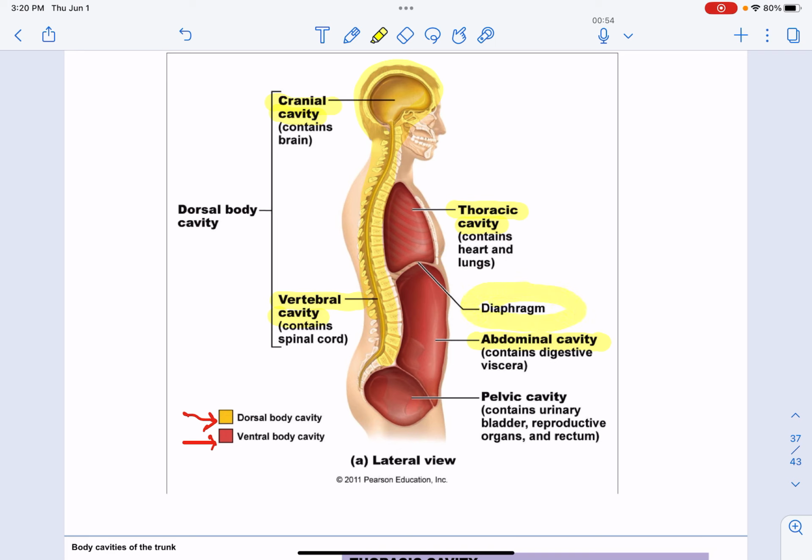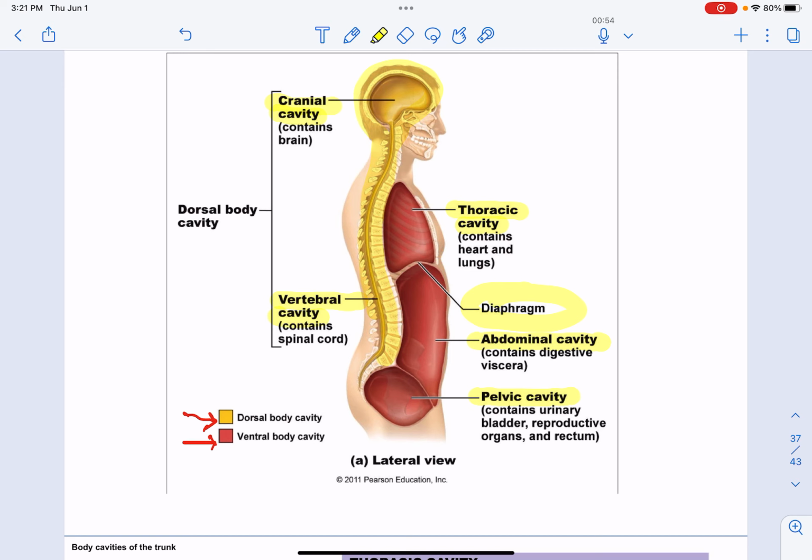There is a physical separation between the thoracic cavity and the abdominal cavity. And again, we talked about the fact that the abdominal cavity contains a lot of the digestive organs. And then we have the pelvic cavity, where the bladder and reproductive organs, as well as the rectum, are located.